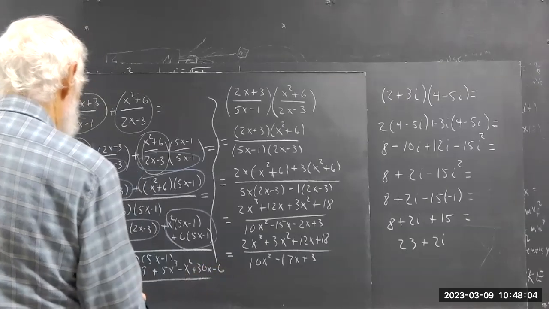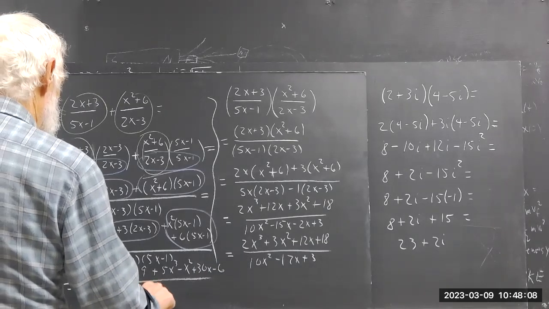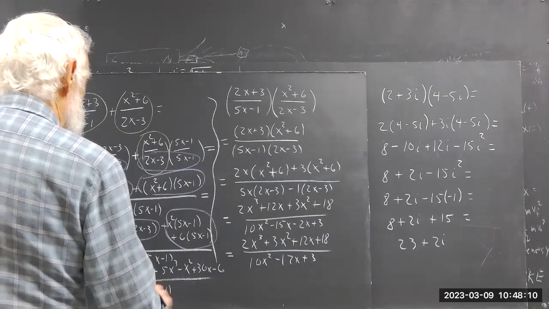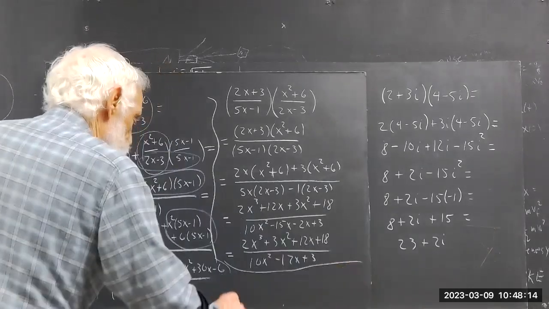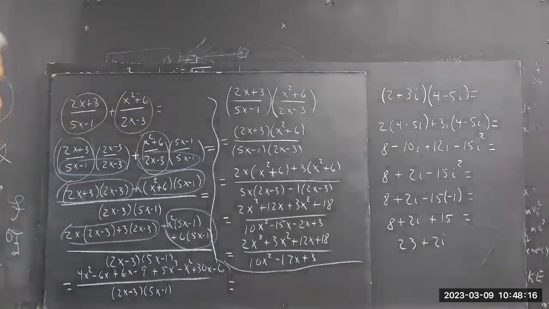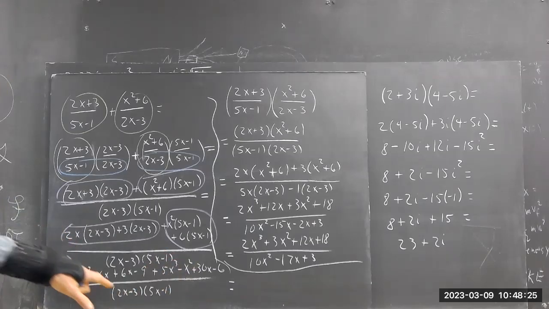All this over this. Maybe I'll finish that out over here. I've got a little room. If I've done that accurately, you might ask, why don't I multiply this out?